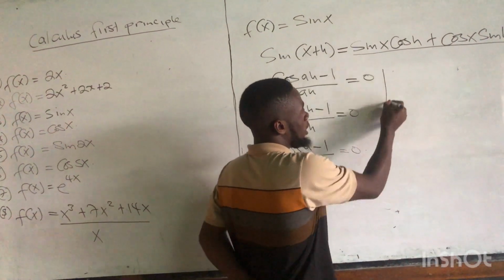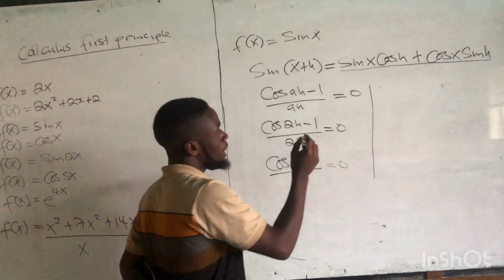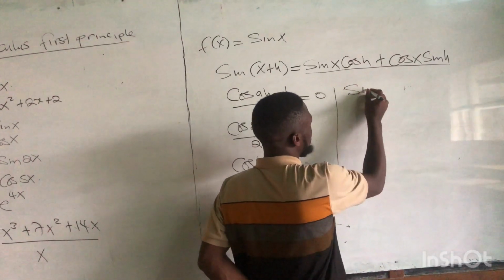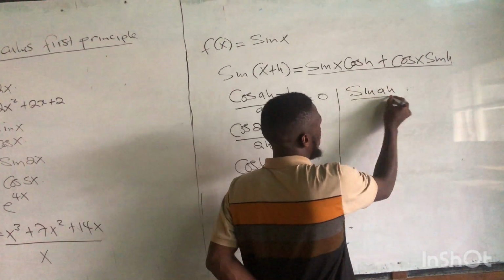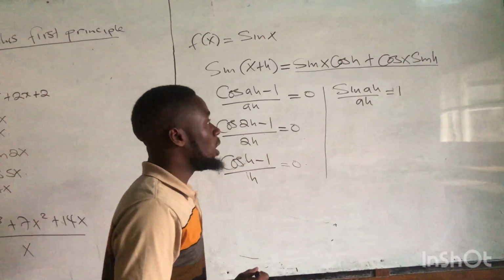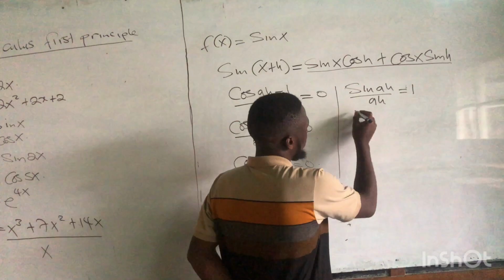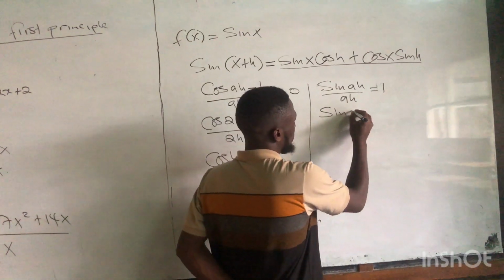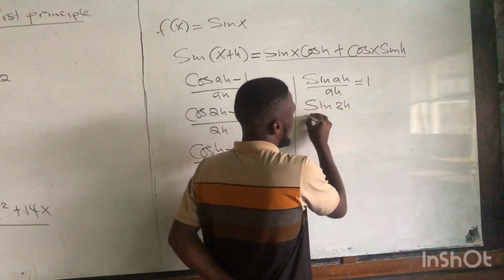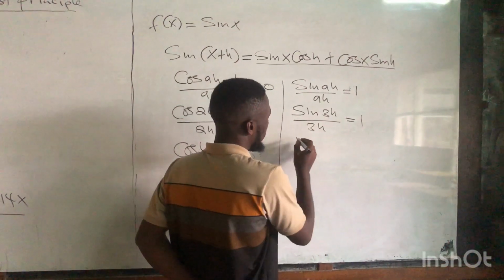So we need to understand this. What else do we need to understand here before we solve such questions? The thing we need to understand is when you have something like sine ah over ah, this will give you 1. So when you have sine 3h over 3h, this will give you 1.